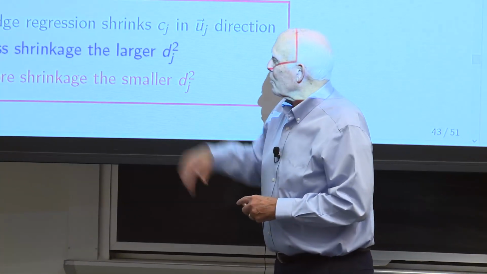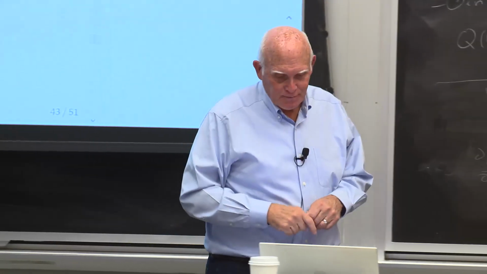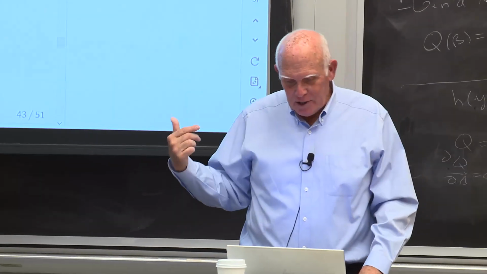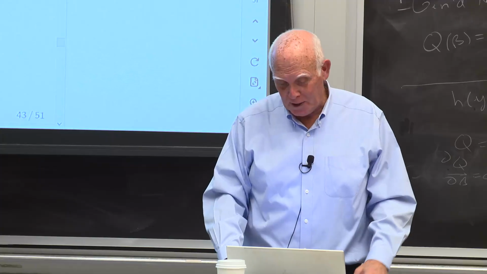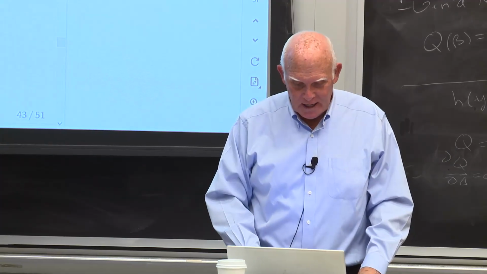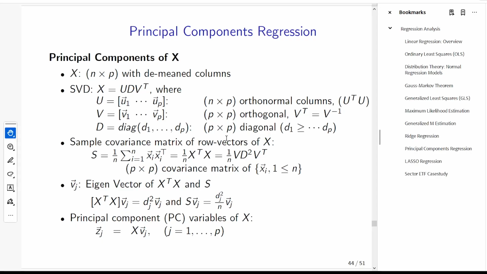There's much more shrinkage in those dimensions where there's very little variation. So these are connected to principal components variables, which is covered in the next section.